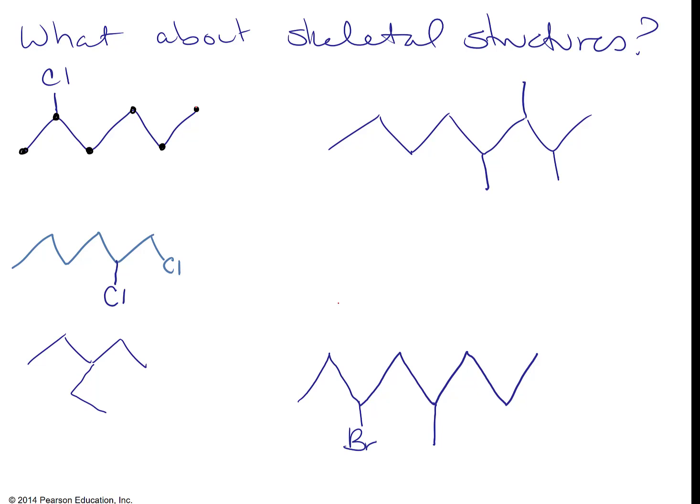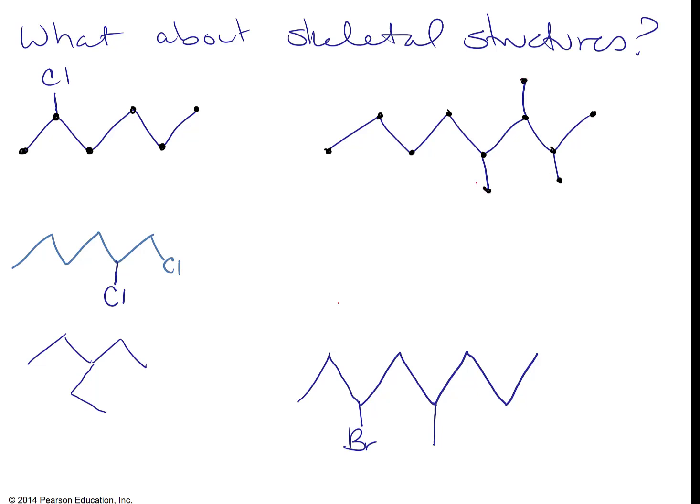But look at the one to the right. How many carbons on that one? Can you count 11? 1, 2, 3, 4, 5, 6, 7, 8, 9, 10, 11.